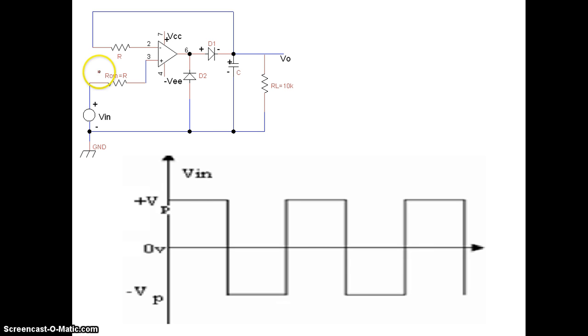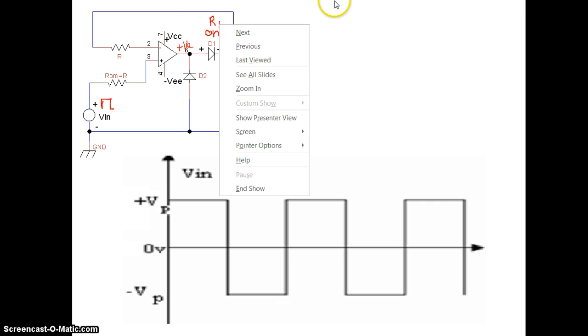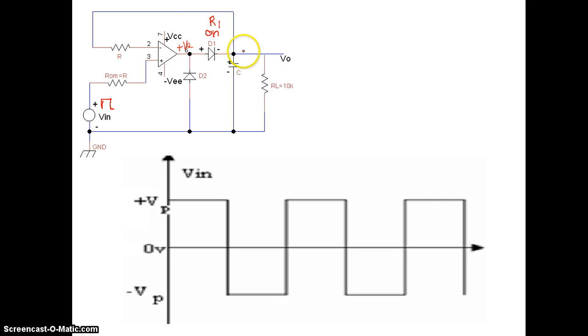During the positive half cycle, say here I am applying the positive voltage, you expect your output voltage here will be positive. Now, this diode will be on, and when this diode is on, it offers a very small resistance. Say I am writing it as RD, a small resistance RD.